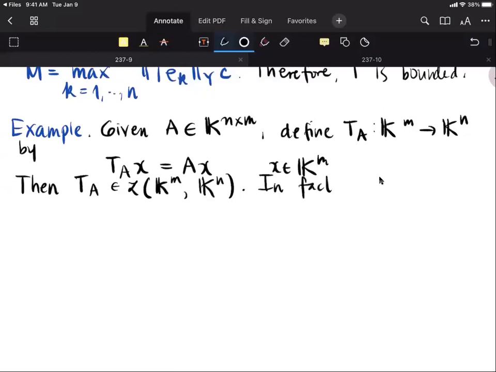In fact, there's a one-to-one correspondence between linear operators from Kn into Kn and the set of n by n matrices. So there's a natural one-to-one correspondence. Based on this example, you can think of matrices as a specific type of bounded linear operators.